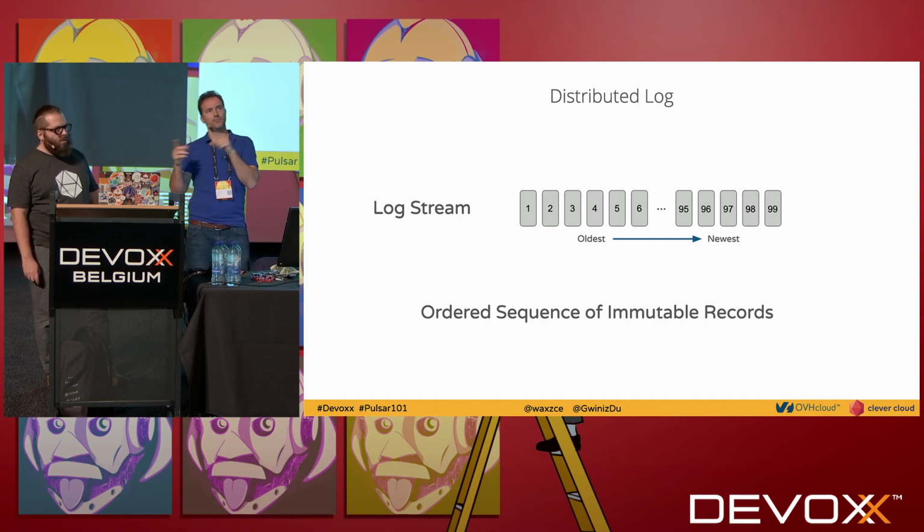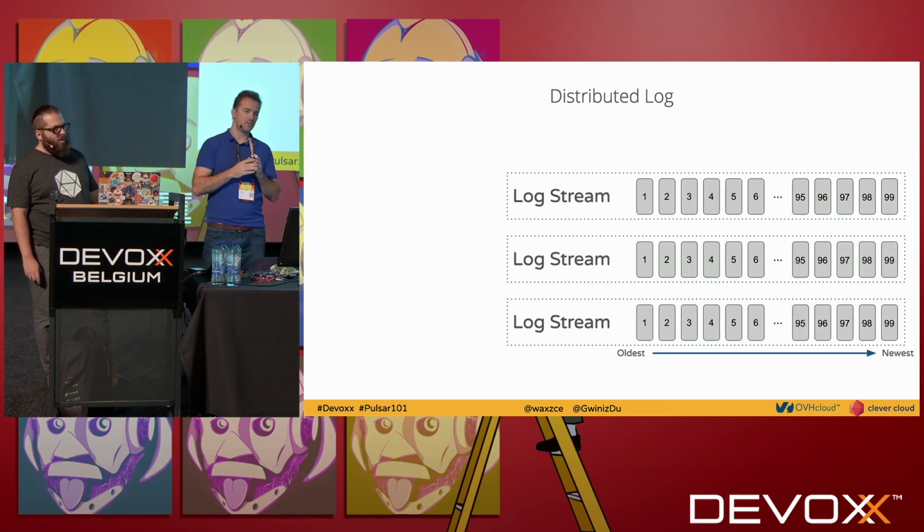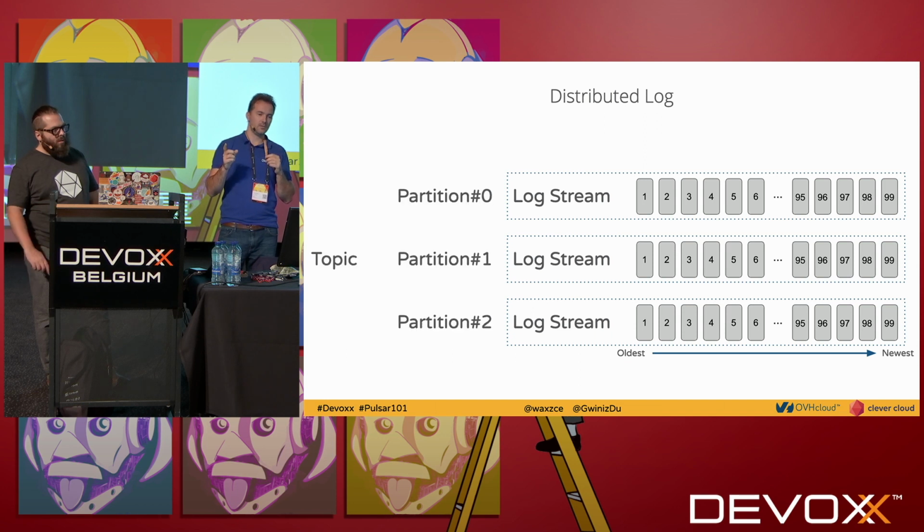It's really important, and we'll see next why. But it's distributed, so we have many different log streams. At this stage, it's really a matter of storage. But from the user perspective, each log stream is actually a partition.